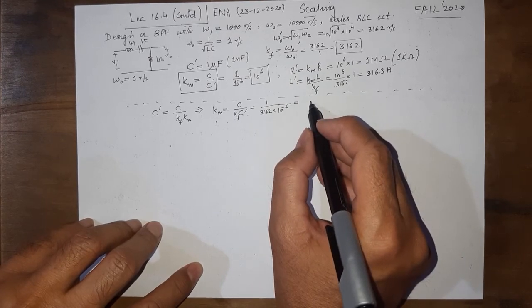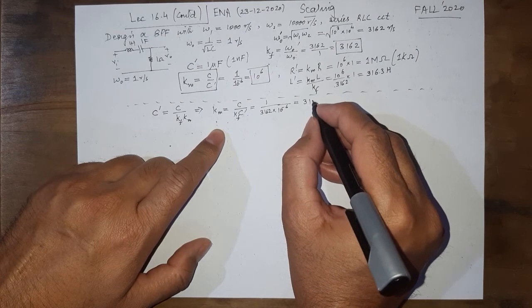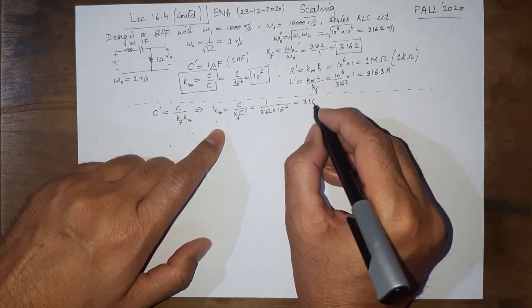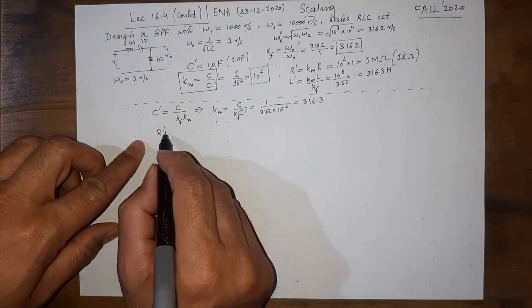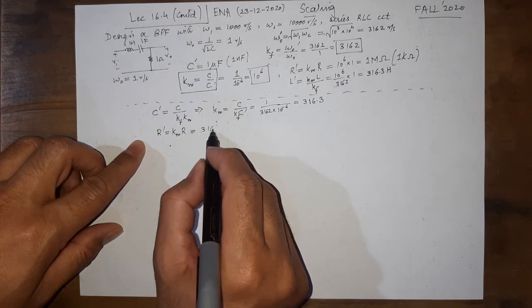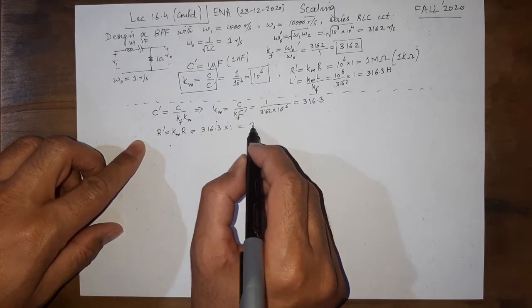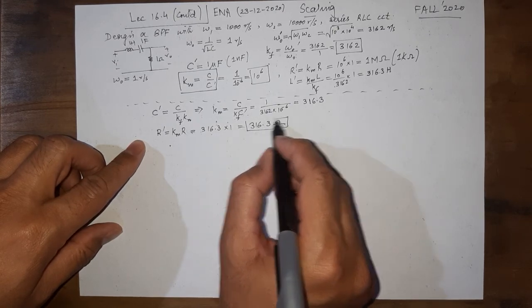That is going to give us a Km of 316.3. So this is going to give us an R dash equal to Km into R, which is equal to 316.3 into 1, that is 316.3 ohm.